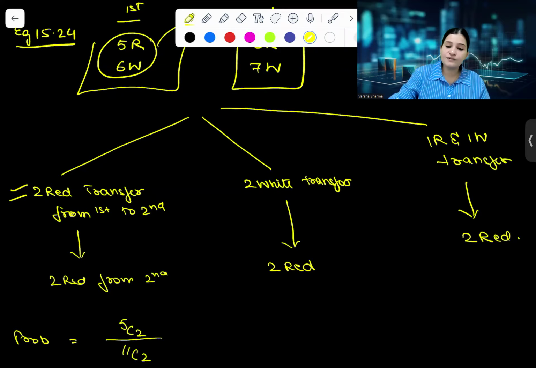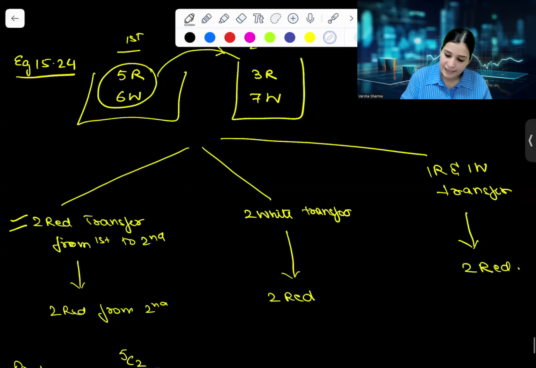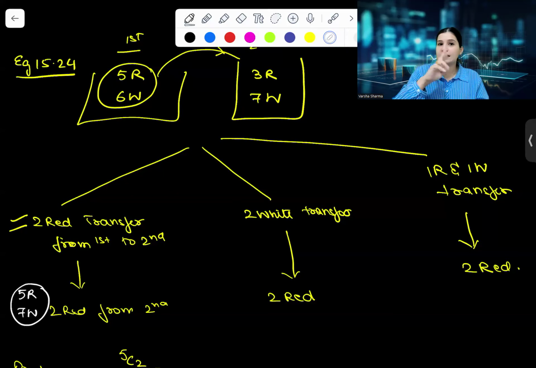So if I have transferred two red balls to the second bag, the second bag now has 5 red and 7 white balls. Do you all agree? Yes, ma'am.